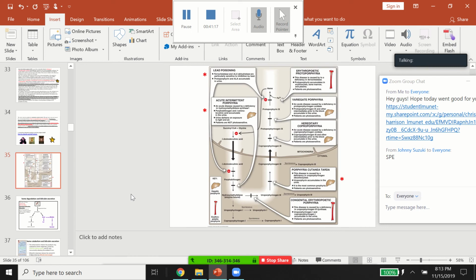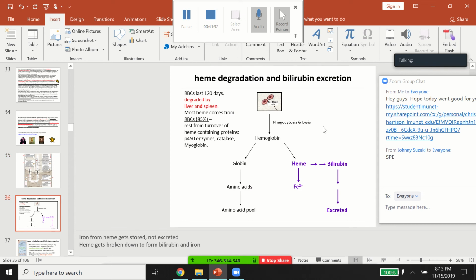Okay. I include this slide because it gives a little more info about the different ones. I think it helped make more sense of things for me at the time, so I decided to include it in case it helps you. Heme degradation and bilirubin excretion. Of course, most heme comes from RBCs, and most RBCs are degraded in the liver and the spleen, right?